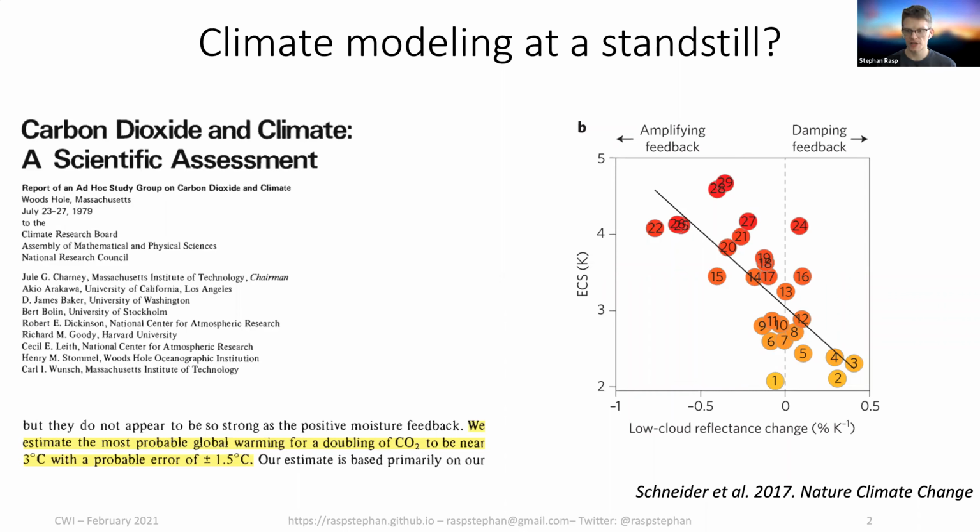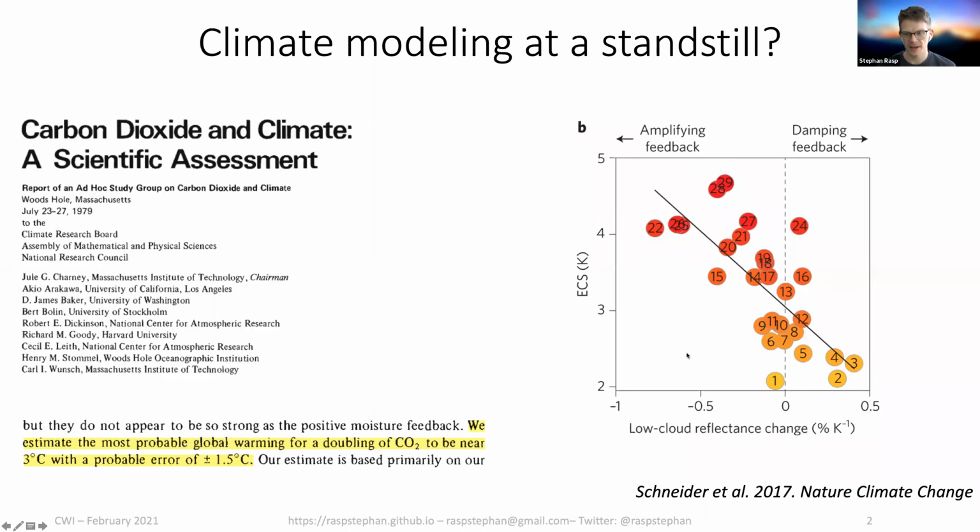Some models predict 2 degrees, some predict almost 5 degrees, and ideally we would have all these models be closer together so we can be more certain what will really happen, but we don't have ground truth data to evaluate against. That's one of the really big problems in climate modeling: you have a sample size of 0, or 1, and it makes it really difficult to actually know what's going to happen. So we don't have a ground truth.